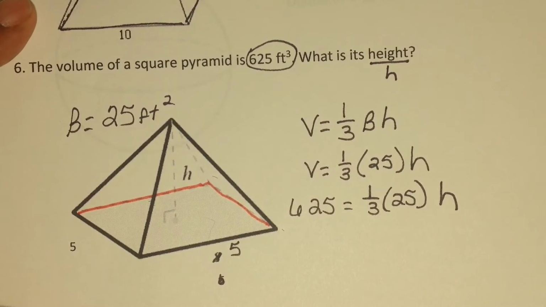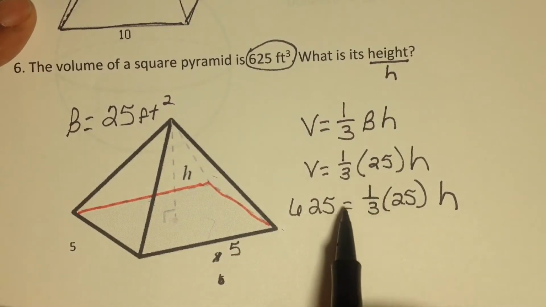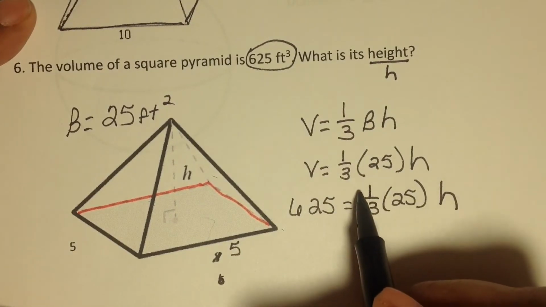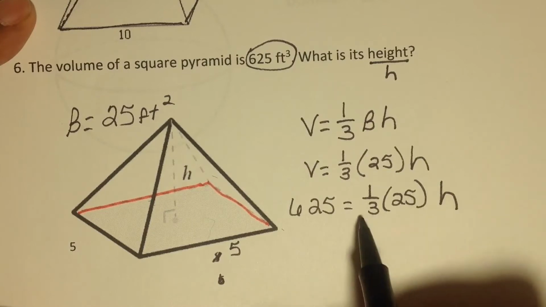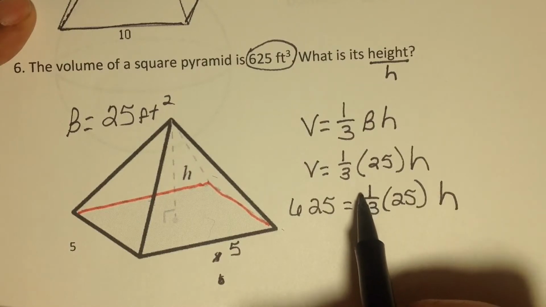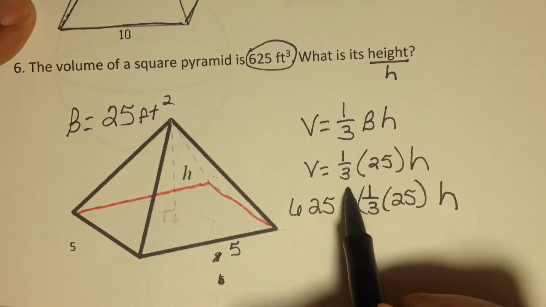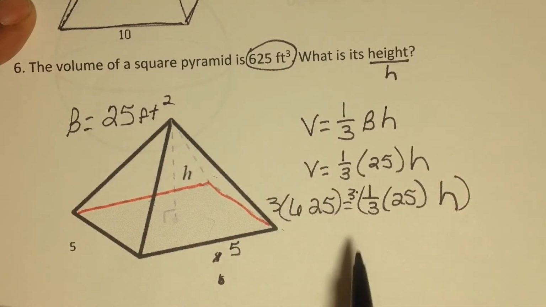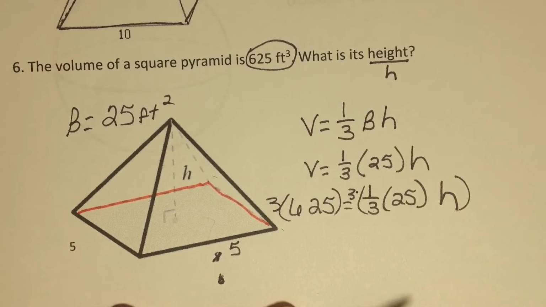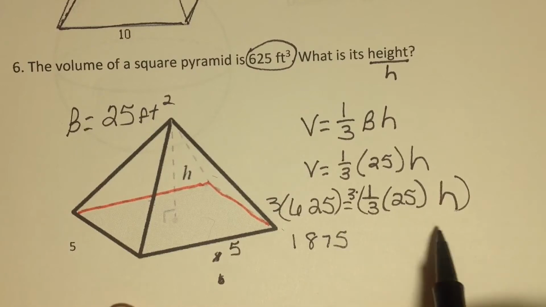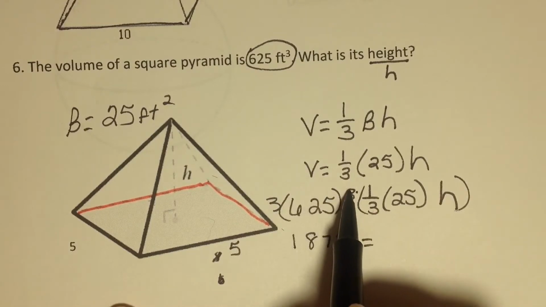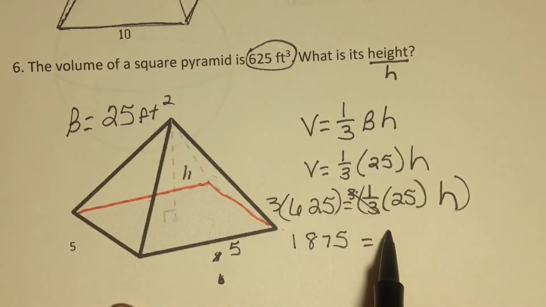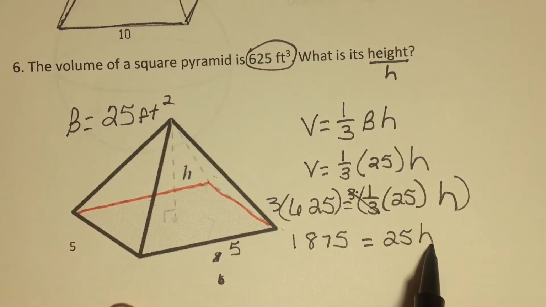times the height. I want to get rid of this fraction. To get rid of that fraction, if I multiply both sides by 3, that's going to get rid of this fraction. Okay? So I'm going to get, and you can plug it in your calculator, 1875 is equal to, what happens here, that cancels out, so I get 25 times height.